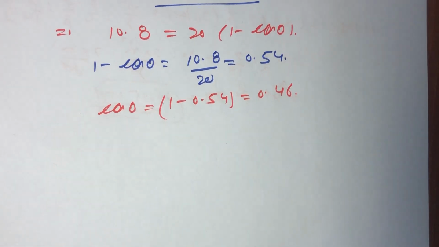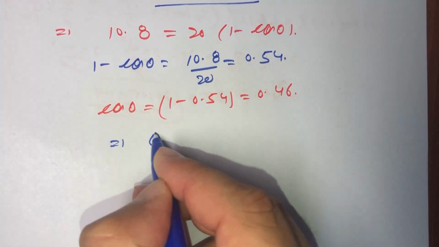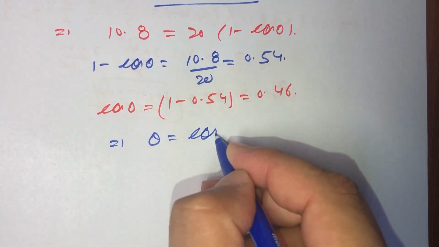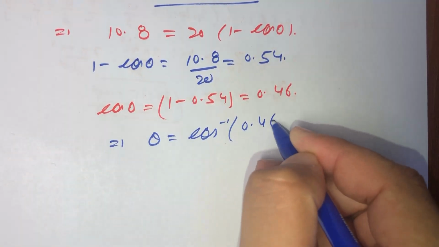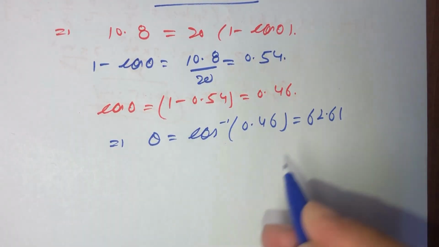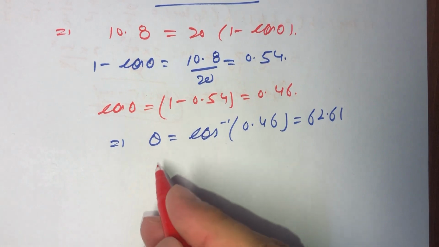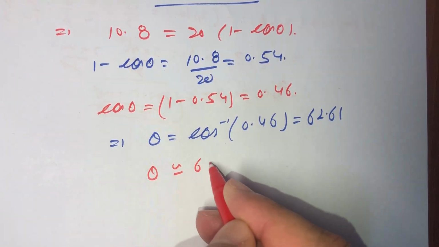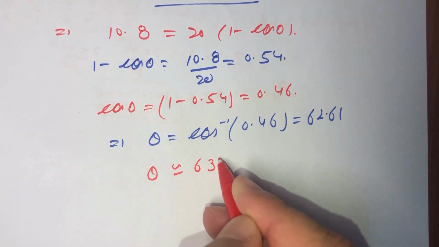Therefore, theta will be equal to cos inverse 0.46, which is 62.61. So theta can be approximated as 63 degrees.